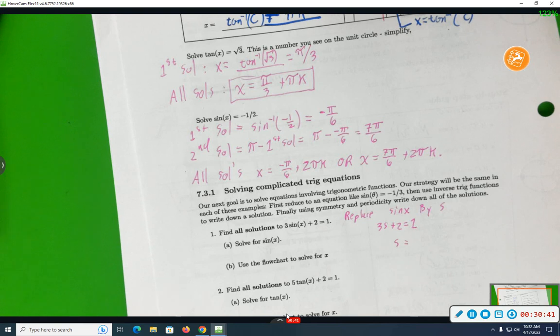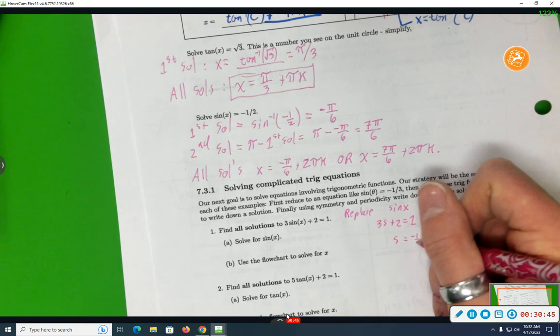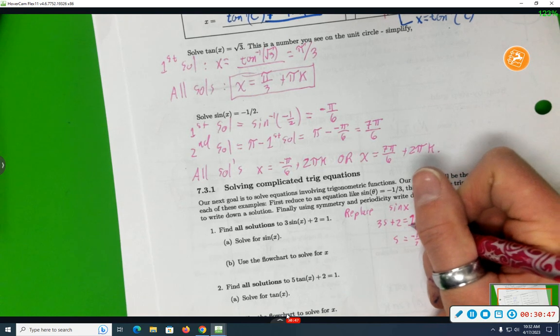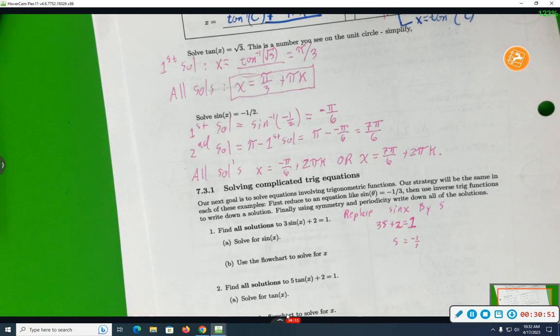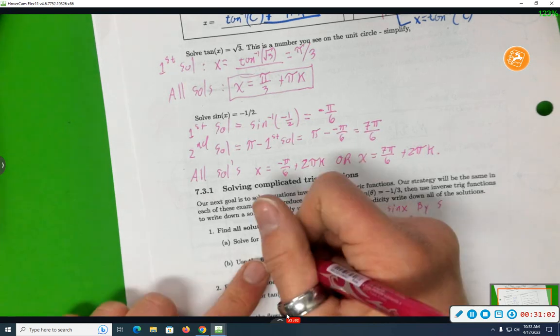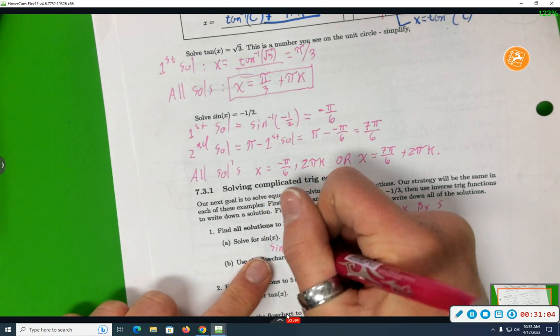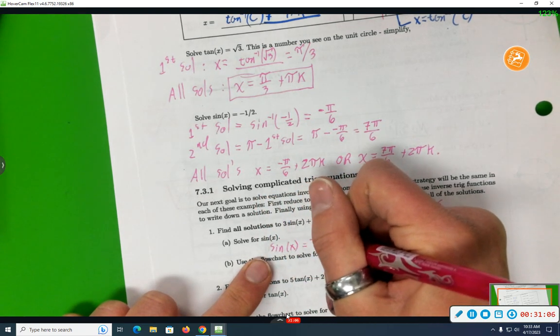Negative 1/3. Yeah, sorry, legibility. So, s is equal to negative 1/3. So that means that this reduces to sine of x equals negative 1/3.